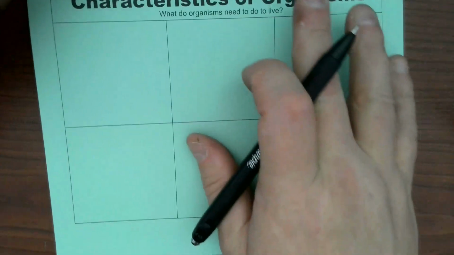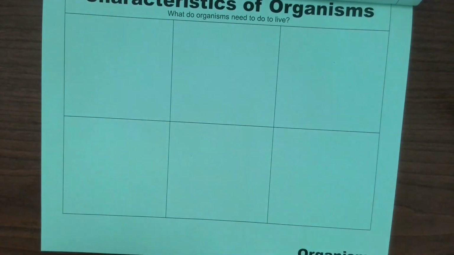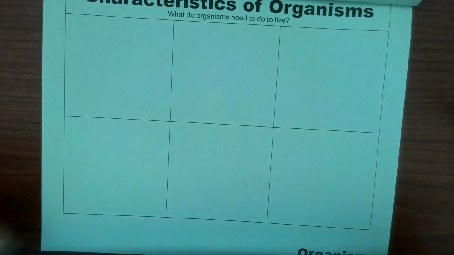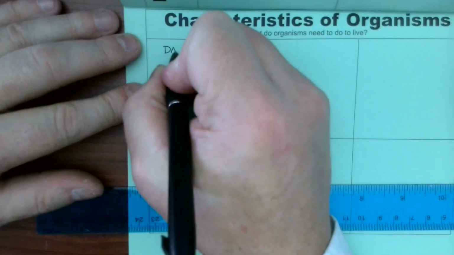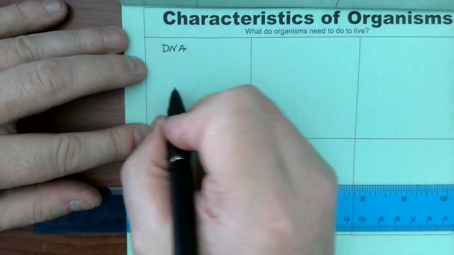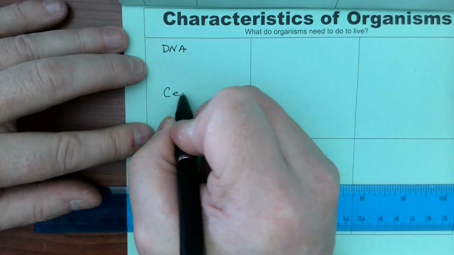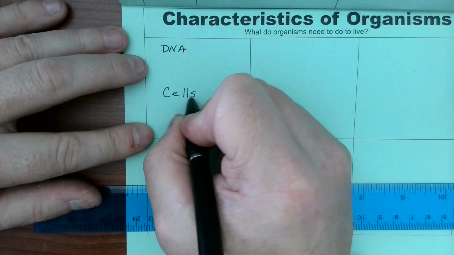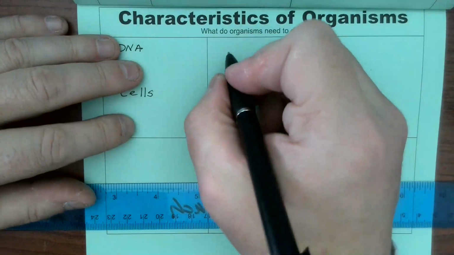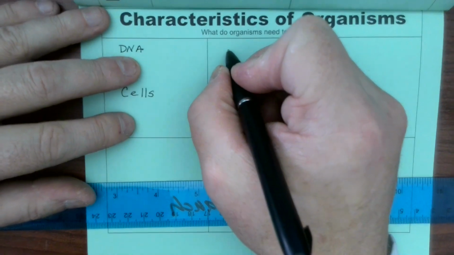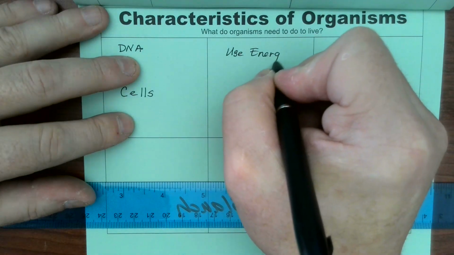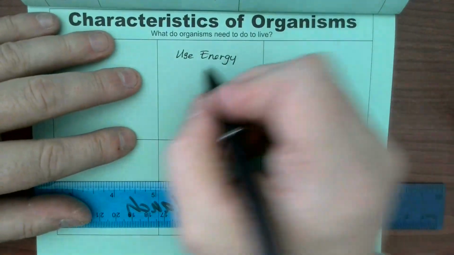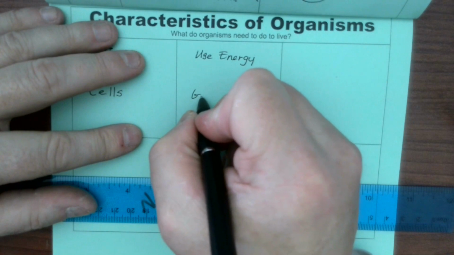Then we talked about some characteristics of life. What do things have to be considered living? They need to be made of DNA. They also have to have at least one cell. They need to be able to use energy, and to get rid of waste.